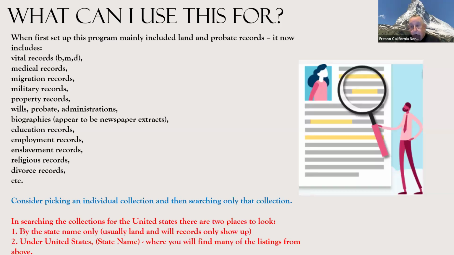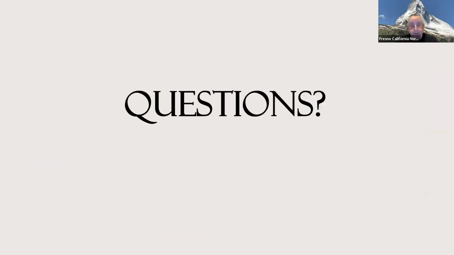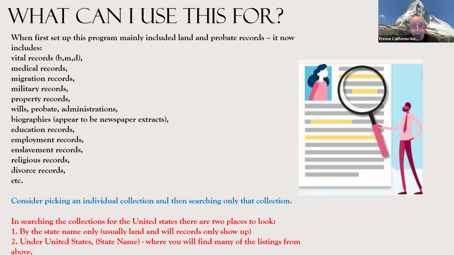Also realize that if you're browsing the collections and you're looking for something in the United States, a state's set of records are found 2 different ways in that list. Some of them will just be with the state name and then the type of record, like Arizona probate and wills. Others will be found under United States, comma, Arizona, comma, biographies.